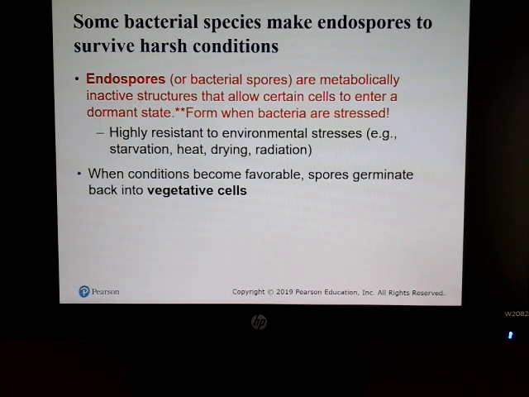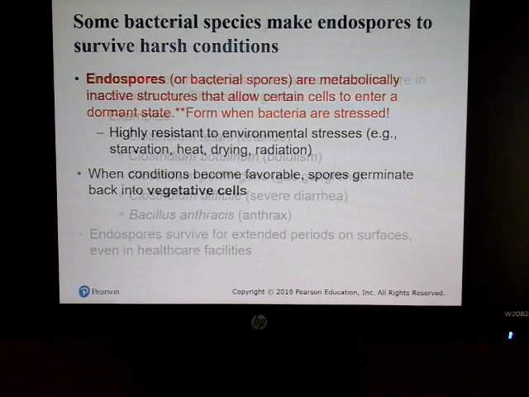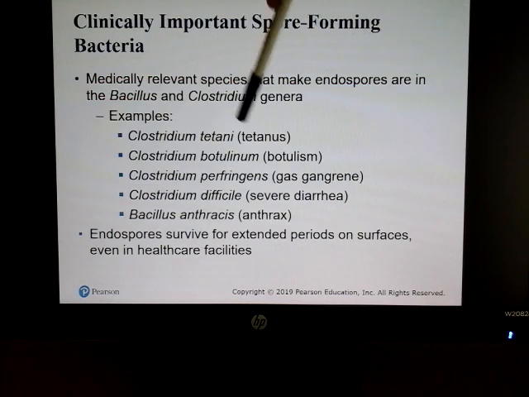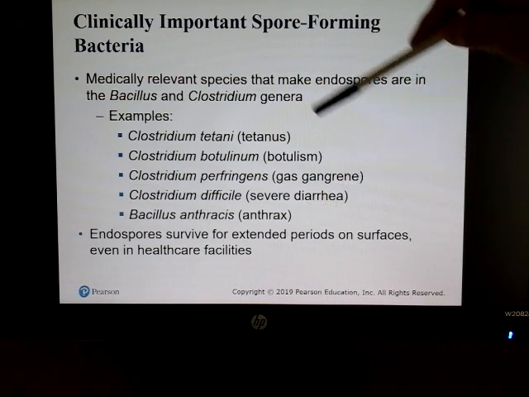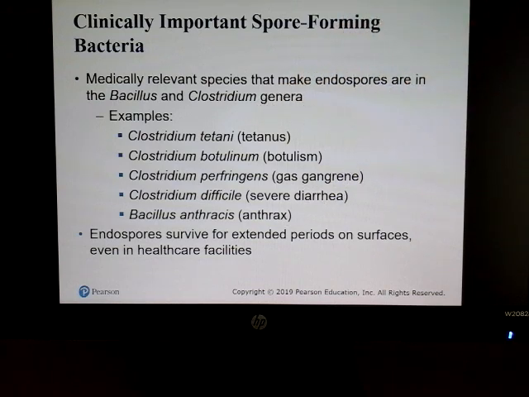If you stress those cells out, they just turn into these endospores, and then later on when you take away the stress, whether it's a treatment, heat, whatever, they can start to grow again. These are just a few examples of microbes that produce endospores, and we'll talk about them later on this semester.